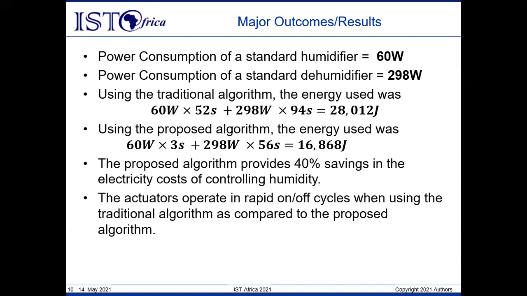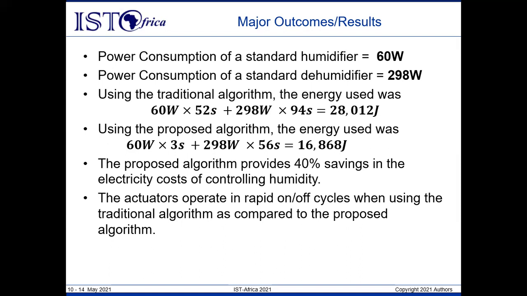So we see that when using the traditional algorithm, the energy used in the humidity control was 28,012 joules, while when using the proposed algorithm, the energy used was 16,868 joules. This means that when using the proposed algorithm, we have a 40% savings in the electricity costs for controlling humidity.